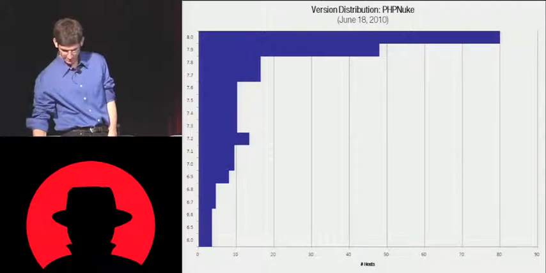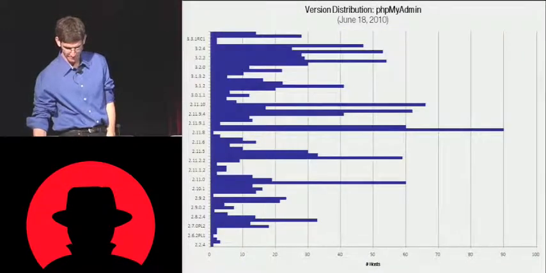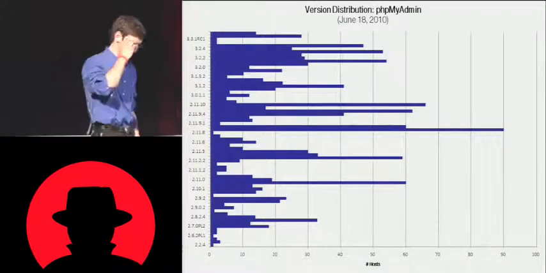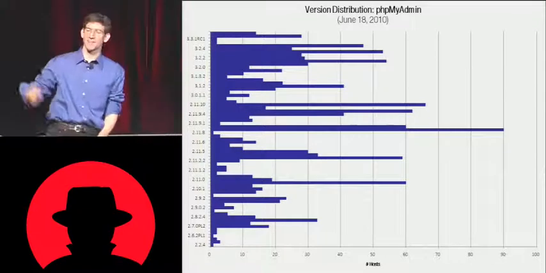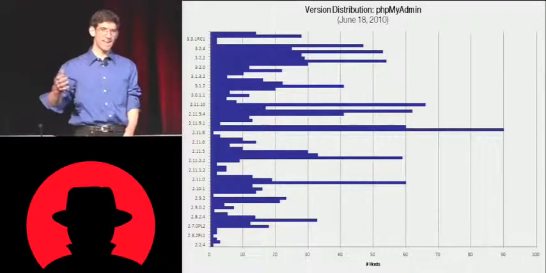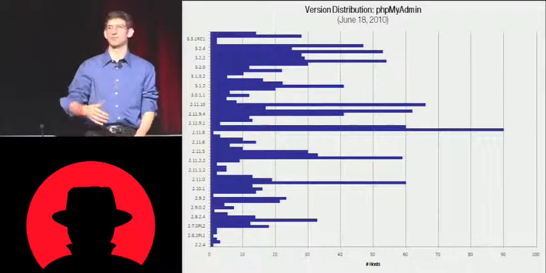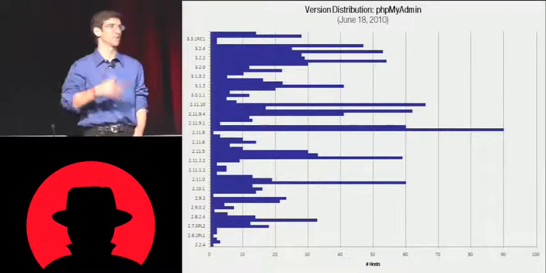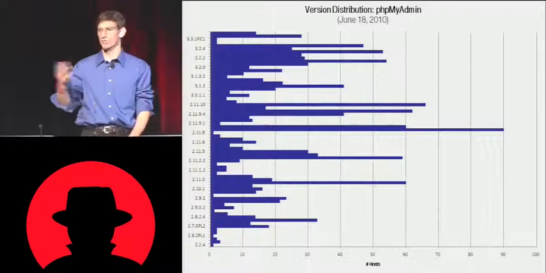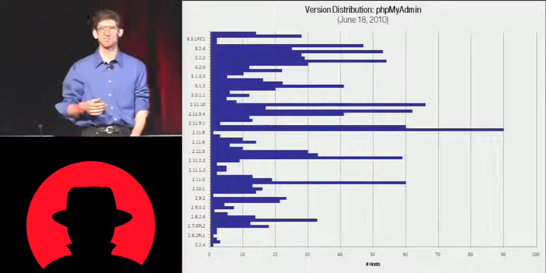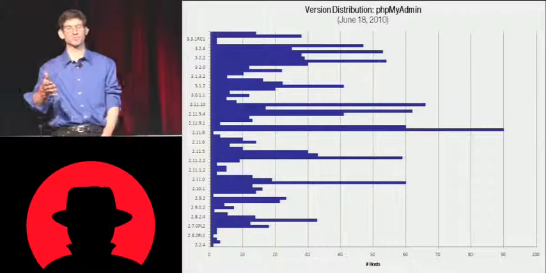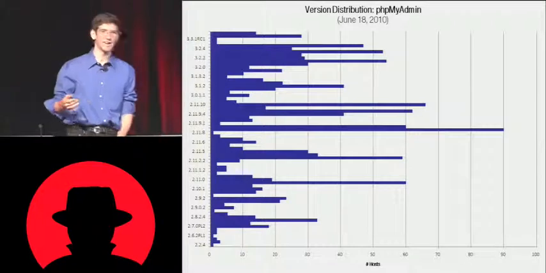PHP-Nuke, it's a forked project. I'm not going to pick on them. Here's the weird one to me: phpMyAdmin. If your blog goes down, that's not awful. So maybe you'll risk the change management problems of updating that. Or if your CMS has some issues, if you think the upgrade process might be a little bit hairy, you can do it in the middle of the night.